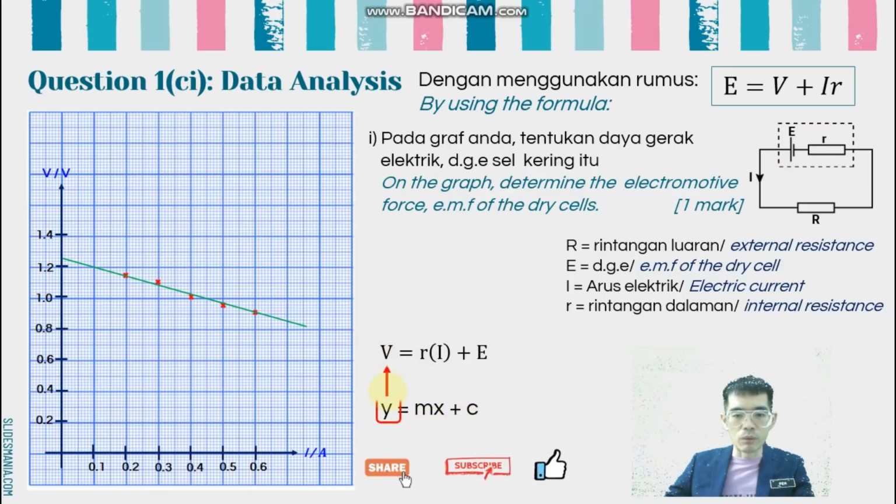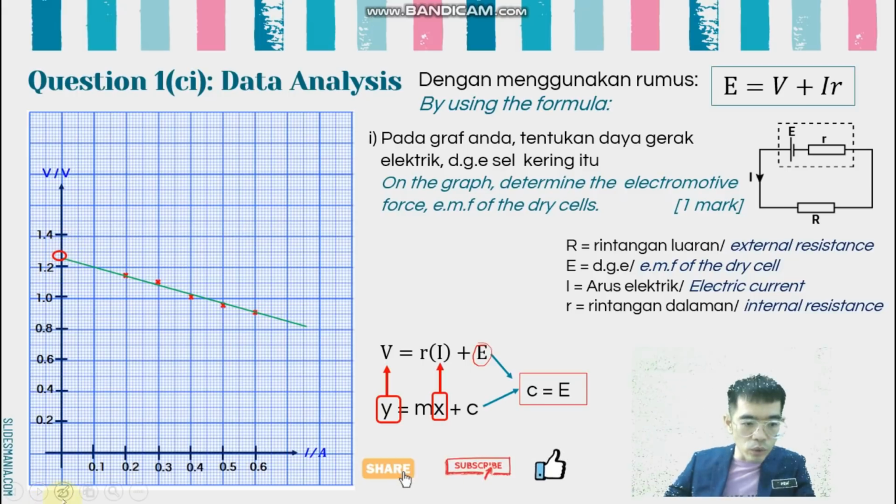So we plot our graph with y-axis V and x-axis I. From here, the E, which is the E.M.F., is represented as the y-intercept. So the y-intercept will be here. This is the value for the y-intercept.